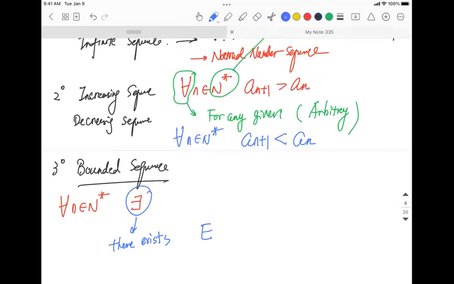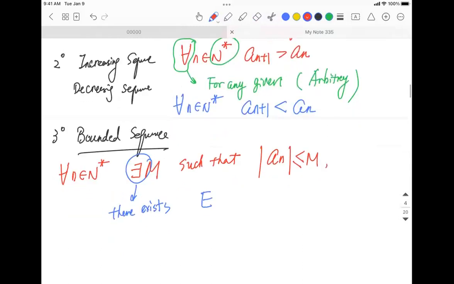This is a notation created from an English word. There exists a number M such that the absolute value of a_n is less than or equal to M, then a_n is called a bounded sequence.